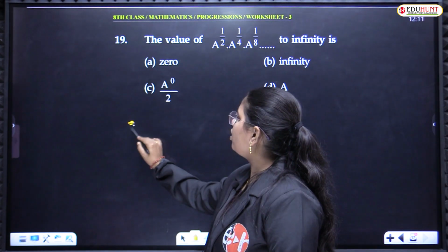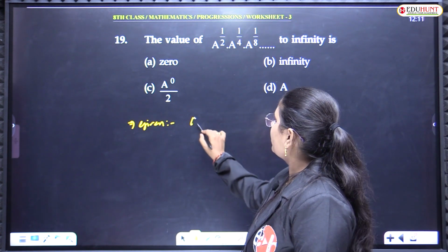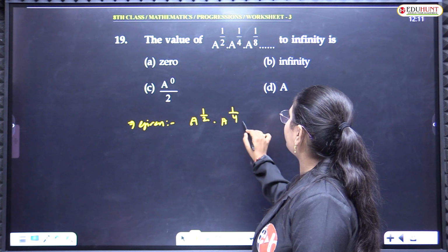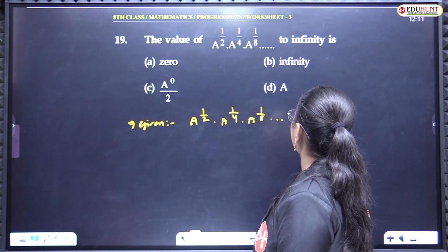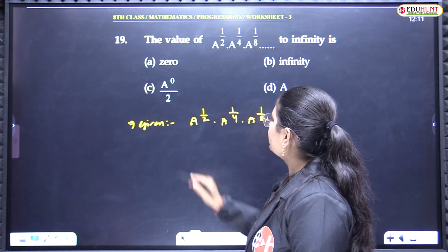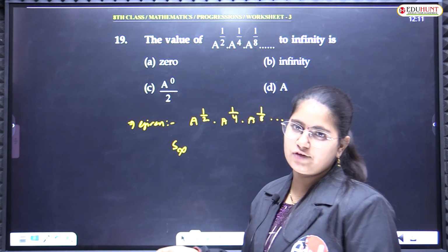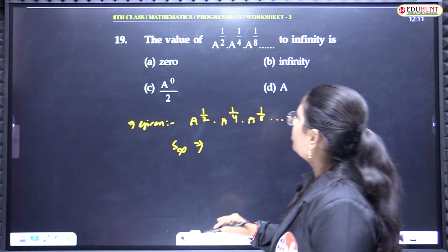The value of the given expression: A power 1 by 2 into A power 1 by 4 into A power 1 by 8, and so on to infinity. Let me take this as S infinite. So they were asking for the sum in a GP, right?